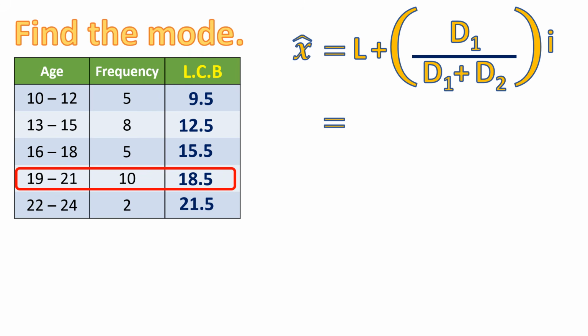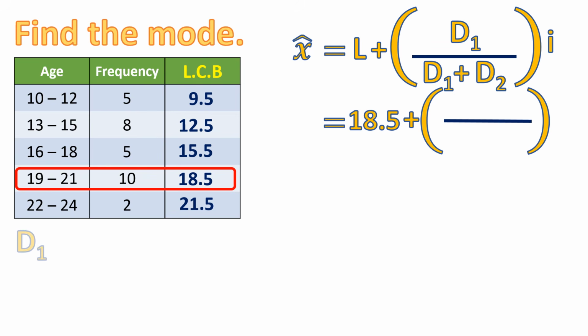So it is equal to 18.5, that's the lower class boundary, plus, and so we need the D1. So what is this D1? The D1, the first difference, is equal to the frequency of the modal class, which is 10, minus the frequency before the modal class.